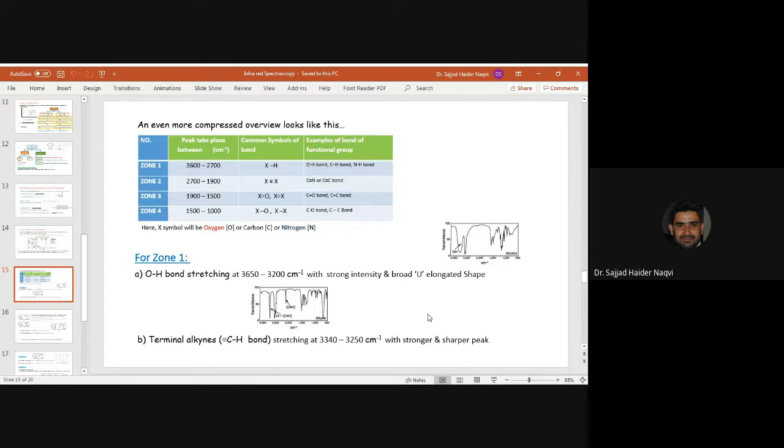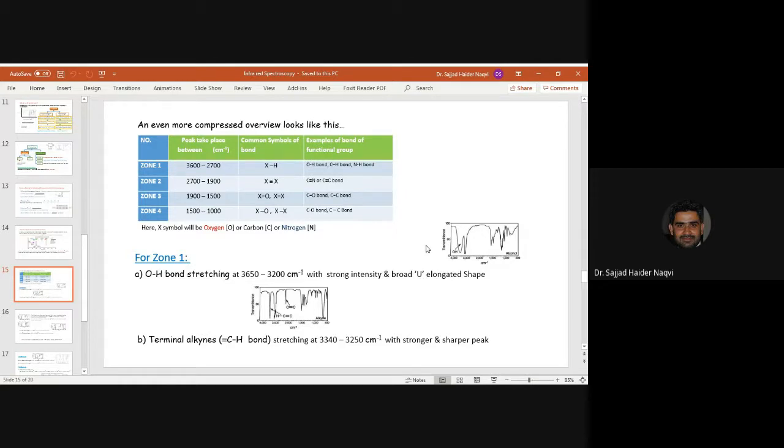So the OH has a strong intensity but a broad-shaped peak, while the carbon-hydrogen bond would have a stronger and sharper peak. If they both lie in the same region, based on the shape you can identify which peak is which. That's how you identify if you've got two peaks coming in this region of zone 1.